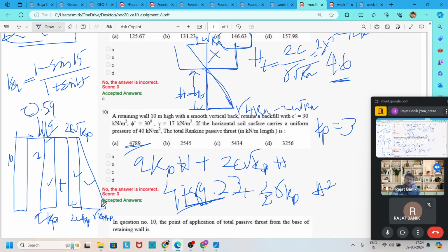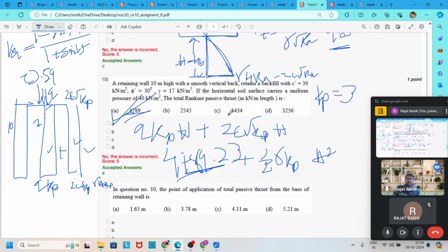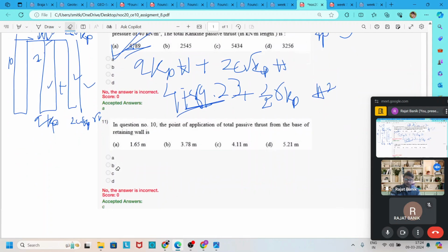So our correct option is option A. You can see that the correct option is option A. Now move on. I think it is understood, it is very simple. If you understand this problem, it is very easy to understand question number 11, which also requires the data of question number 10.